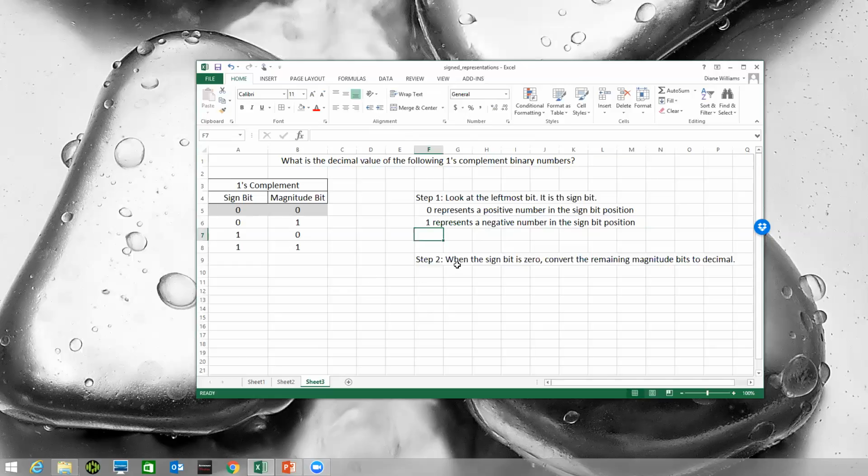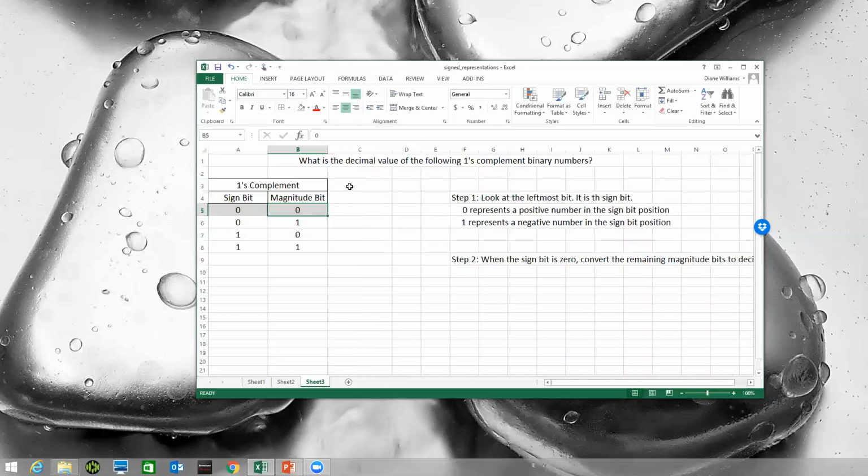In step 2, when the sign bit is 0, we convert the remaining magnitude bits to decimal. So here, the magnitude of this is 0. Let me put in another column here. This is going to be our decimal value.